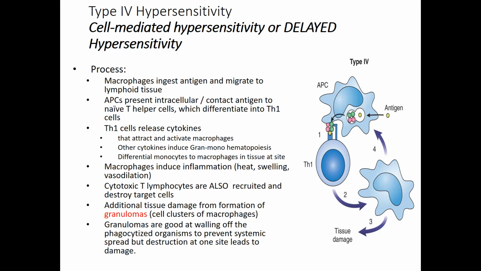We know this process. They process the antigen, they present the peptide fragment to a naive T helper cell, which then differentiates under the action of cytokines into a T helper 1 cell. The T helper 1 cell then releases additional cytokines to do a couple of things: attract macrophages, induce some hematopoiesis of the granulocytic monocytic cell line.